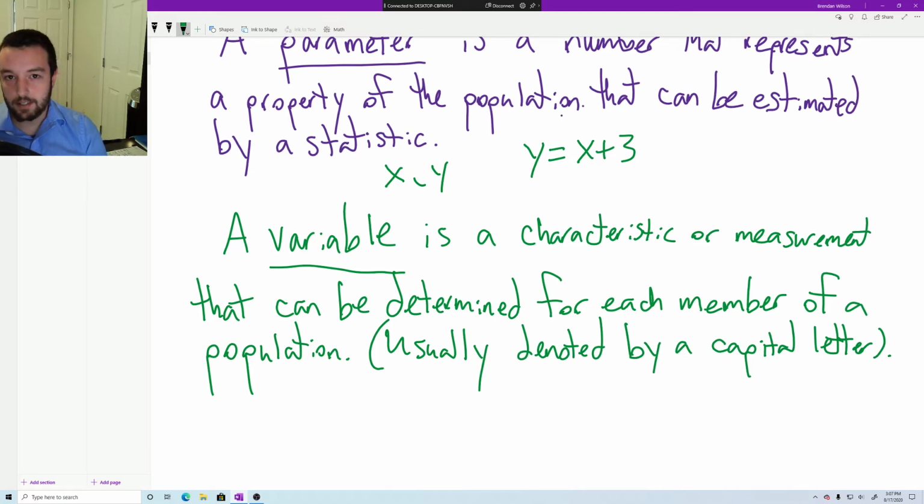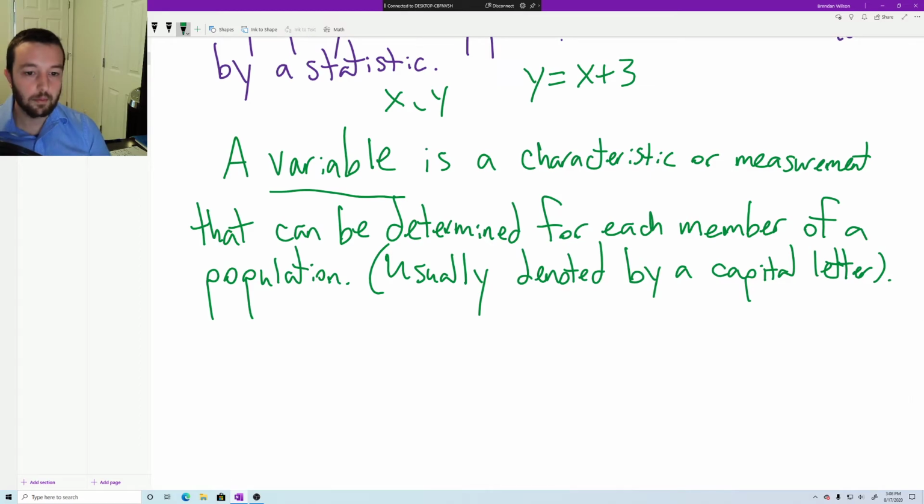A characteristic doesn't have to be a number, so this allows for variables that are non-numerical. If we think about the measurement part, then our old definition of variable from algebra still works: it's a number that can be determined, depending on the context of what the variables mean. But this is a little more broad to allow for things that are not numerical.